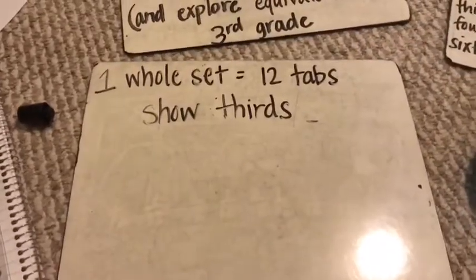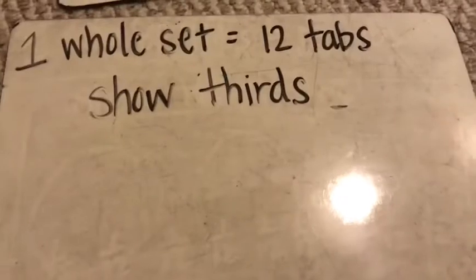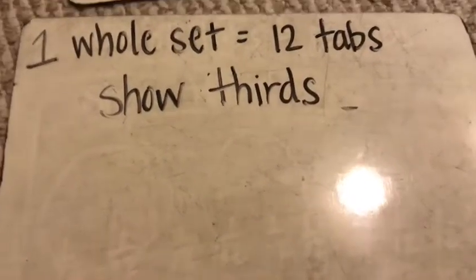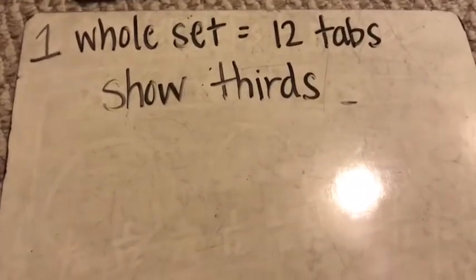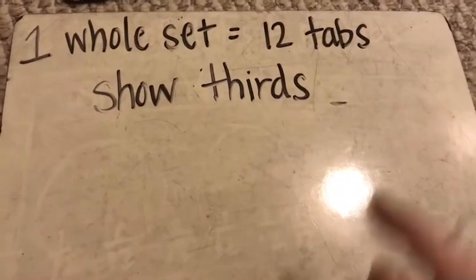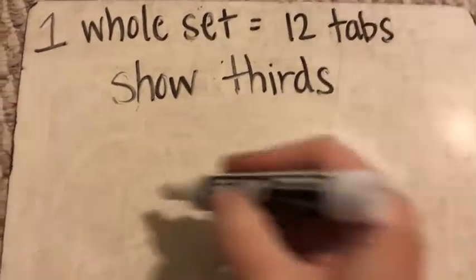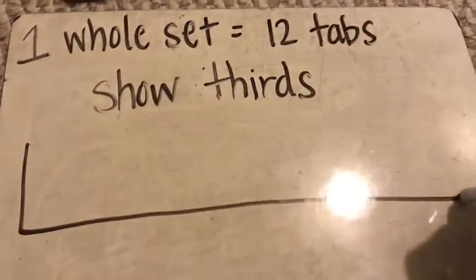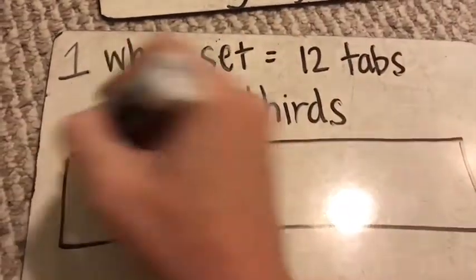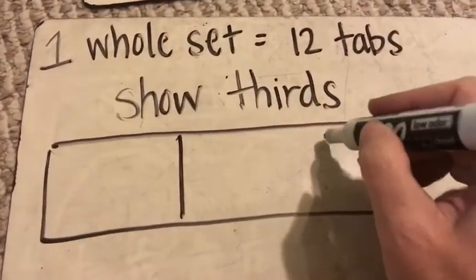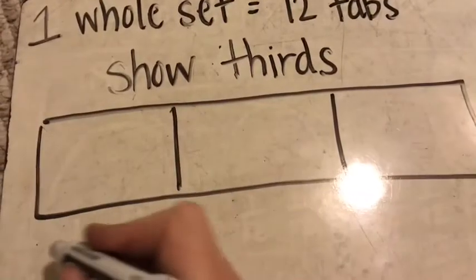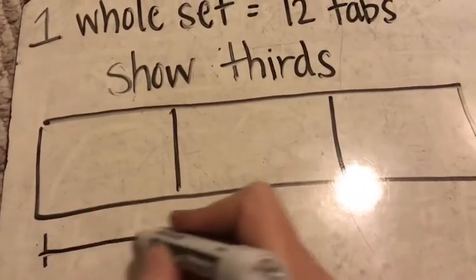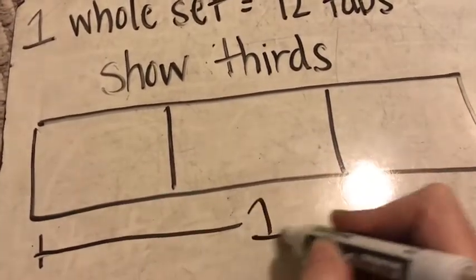Thirds. Ooh, what does that mean? If I'm showing thirds, how many equal parts would I need to split my whole set into? Well, thirds means that 3 equal parts make the whole. I'm going to do a bar model this time, just so you guys can see a variety of ways that you could model this, okay? So say that this is 1 whole set.